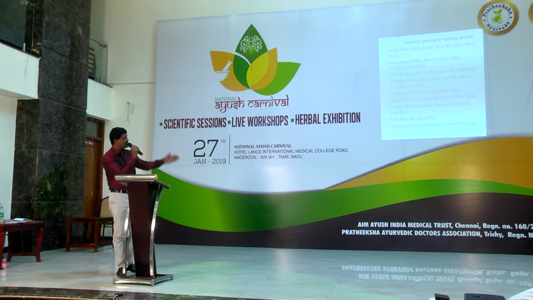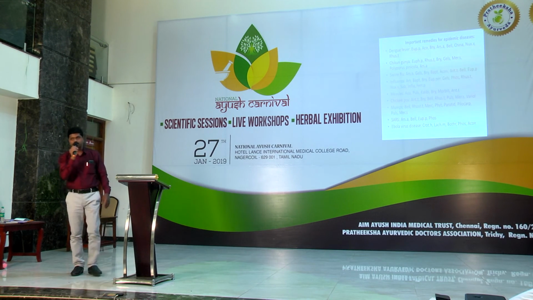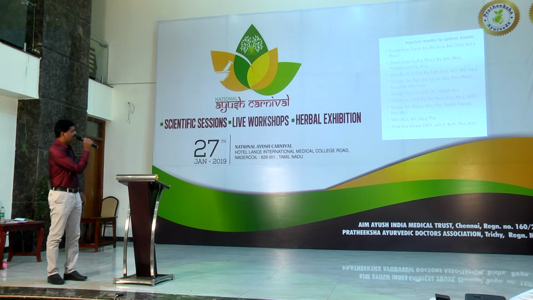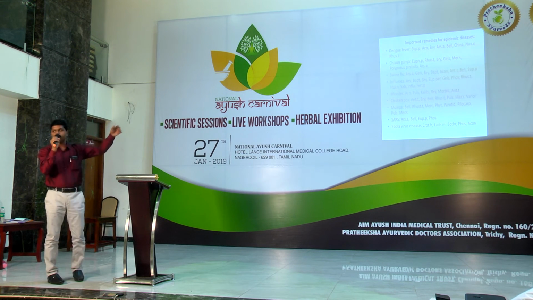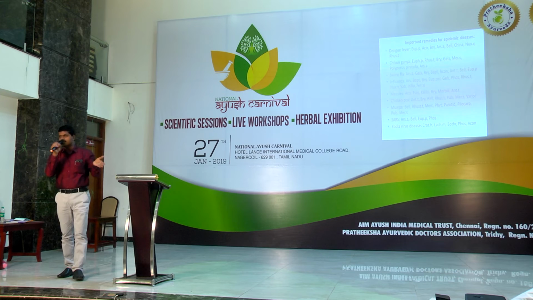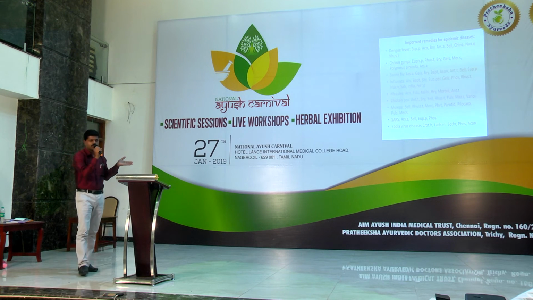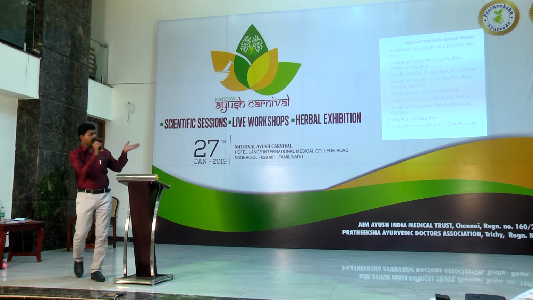Again, symptomatic treatments are there. There are many important remedies for every condition, such as dengue fever and chikungunya. According to the symptomatology, the disease symptoms along with the patient's individual symptoms, we select the remedy.